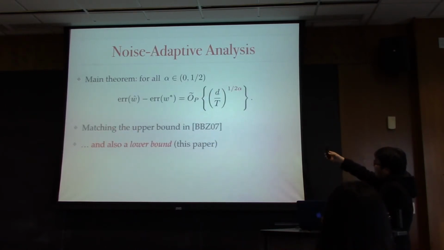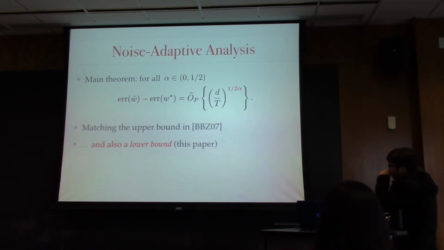So I still have this error convergence for all the parameter alpha in this range. And this matches the upper bound in the non-noise-adaptive algorithm, up to polylogarithmic factors.